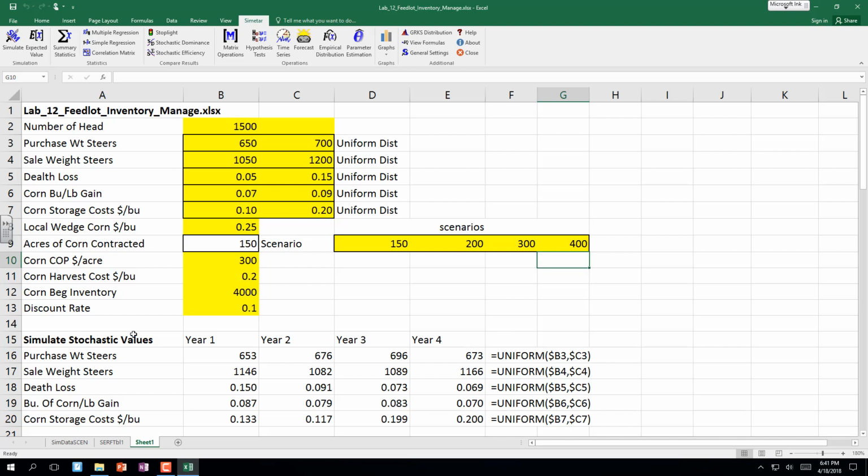Okay, I did a lab exam problem with a seed company one time and blew the students' minds. Probably never do that again. The nice thing about a seed company, you have to go out and contract for different seed varieties to be produced.